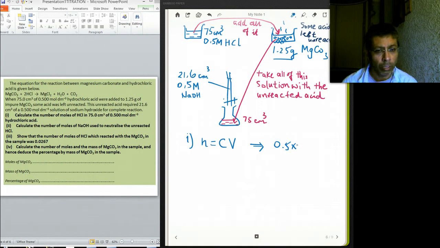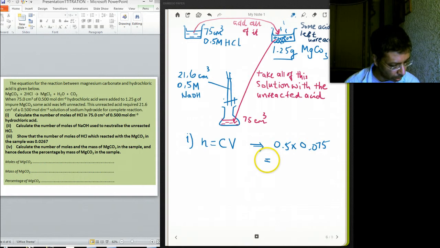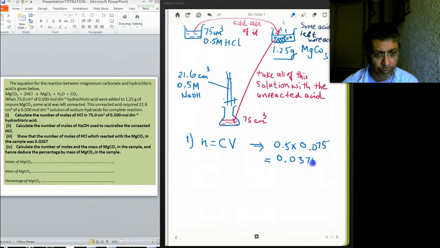You know it's decimeters cubed, so 75 divided by 1000, you get 0.075, and that'll give us a value of 0.0375 moles. That's how many moles we have of our acid in here.